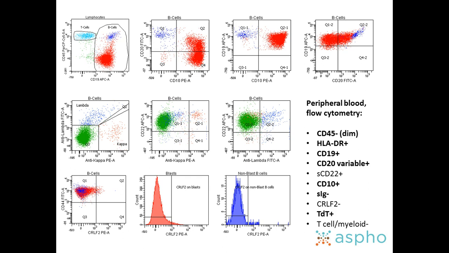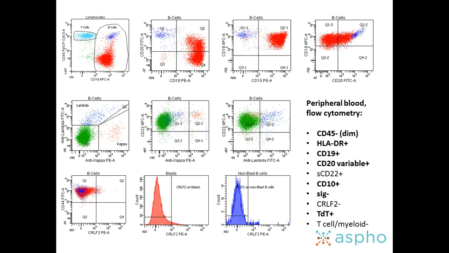They're positive for HLA-DR, so those are both markers of immaturity. They're CD19 positive and CD20 positive only in a subset. CD20 occurs later in B cell differentiation. They're positive for CD10, or CALLA, the common ALL antigen. They're surface immunoglobulin negative, and they're TDT positive.